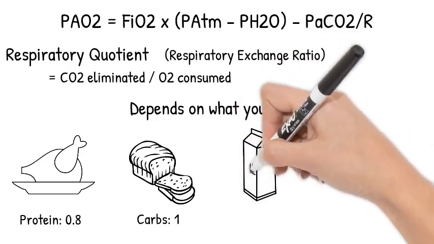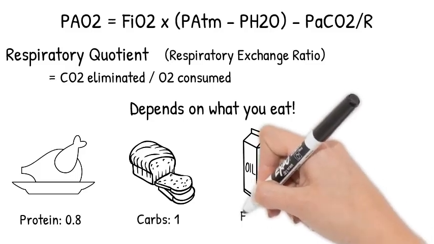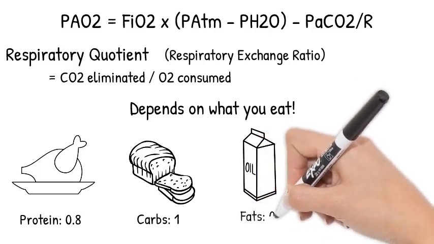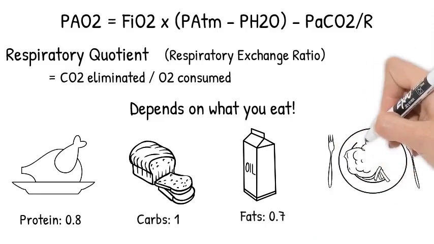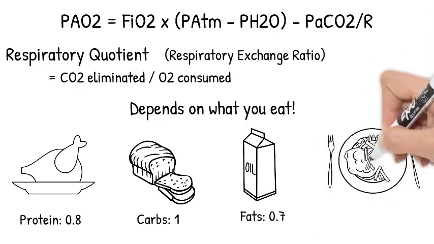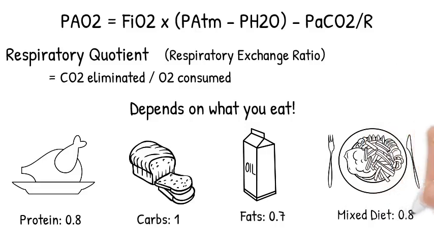If you eat a diet that consists of fats only, then you're looking at a respiratory quotient of 0.7. For the most part, in the exam, they will not tell you anything, and then you can assume that the patient eats a mixed diet. And for a mixed diet, the respiratory quotient that we use is 0.8.